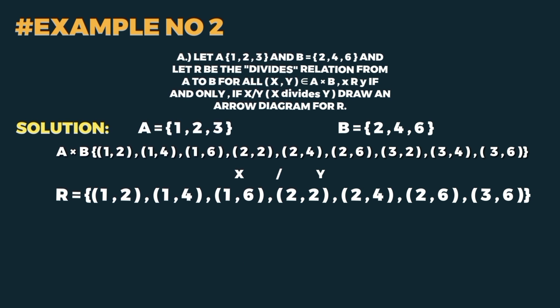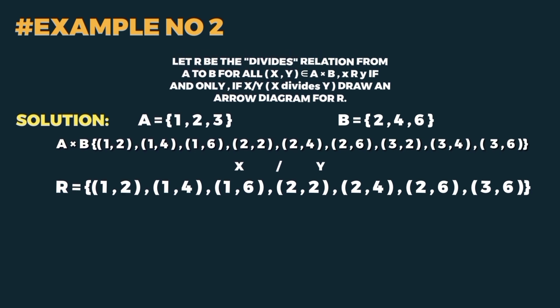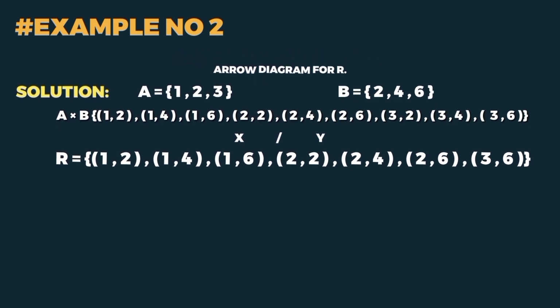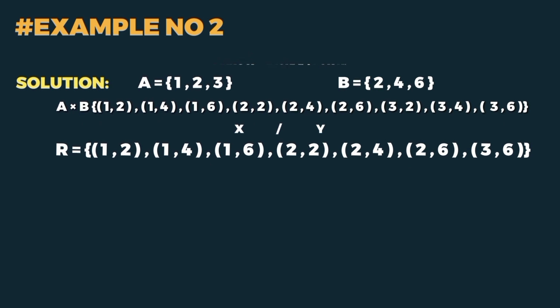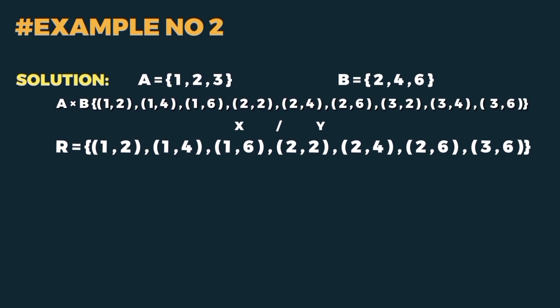Yes, and also (1, 6), (2, 2), (2, 4), and (2, 6), because the Y are divisible by X. How about (3, 2)? No, because 2 is not divisible by 3. (3, 4)? No. And (3, 6)? Yes, because 6 is divisible by 3.